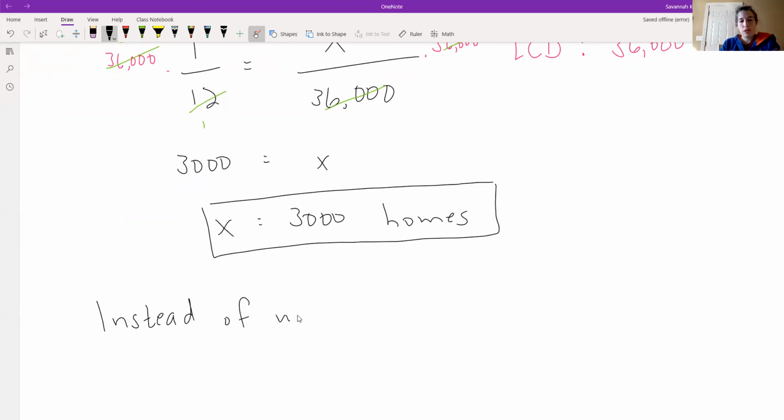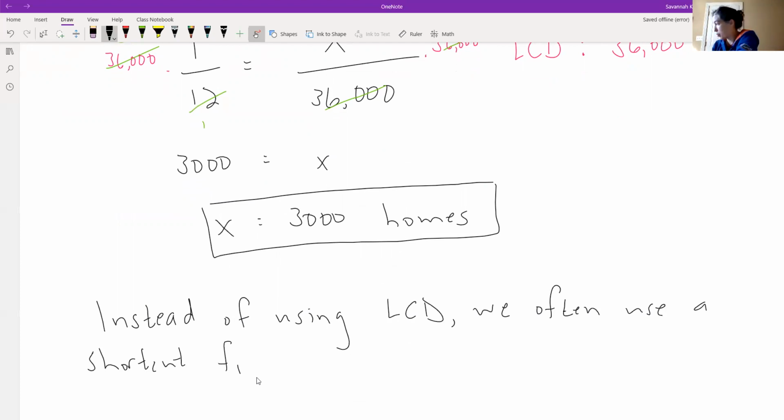Instead of using LCD, we often use another technique when we're dealing with, and I'm going to go ahead and call it a shortcut. I think it does amount to a shortcut. Proportion problems.